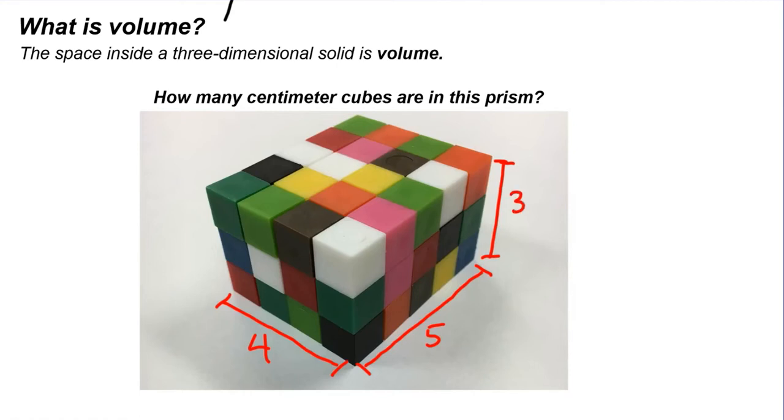So to find out how many cubes there are total in this prism, we would take 4 times 5. That would tell us how many cubes were on this bottom layer, and then multiply that by the 3 layers, times 3. 4 times 5 times 3 would tell me how many cubes there are total, and 4 times 5 times 3 is 60. So I have 60 centimeter cubes in this prism, and that is essentially its volume.